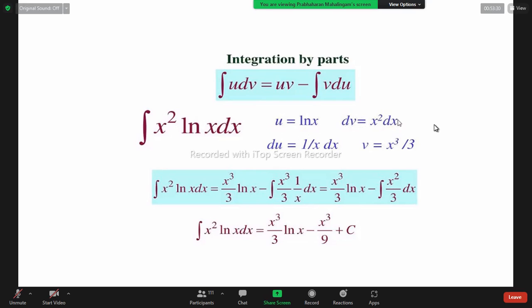So dx is multiplied, x square dx. dv is equal to x square dx. Right? Here also no need to put dx. One compound has dx. u is the real function. This is the derivative function. Whatever the derivative function, du, we have dx there.